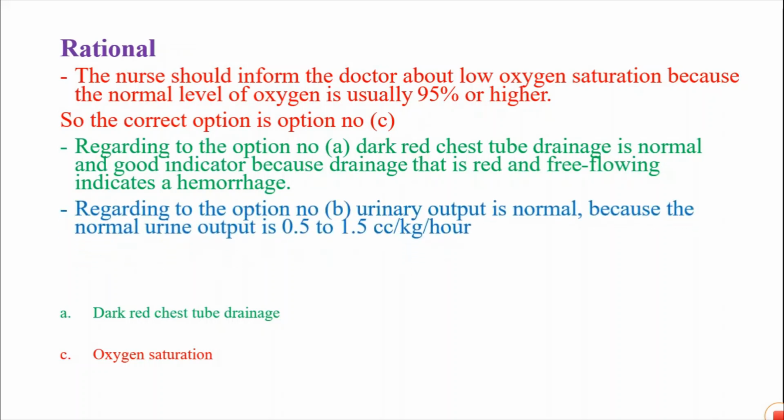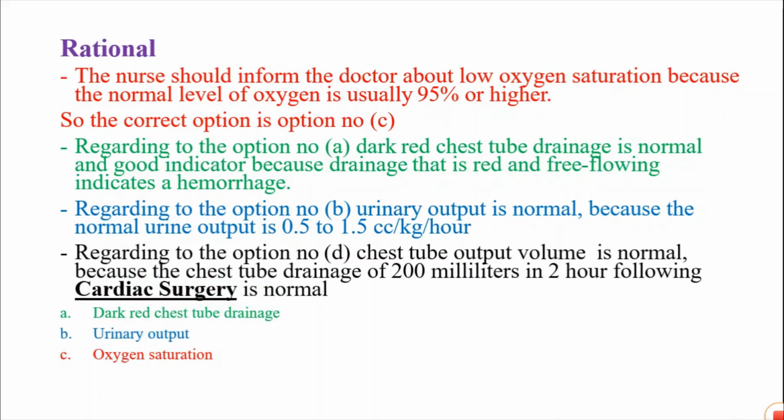Regarding option number B, urinary output is also normal because the normal urine output is 0.5 to 1.5 cc per kilogram per hour. And regarding option number D, chest tube output volume is normal.